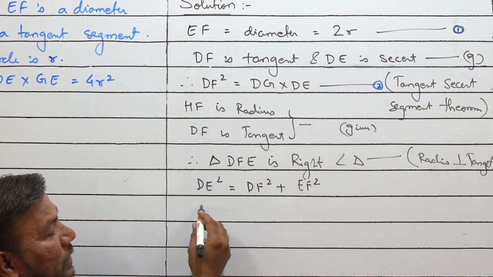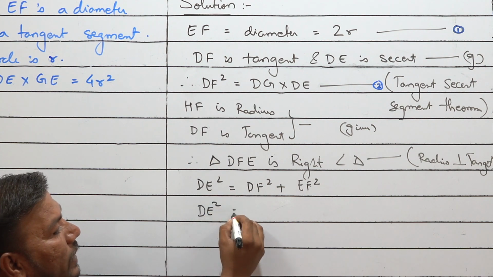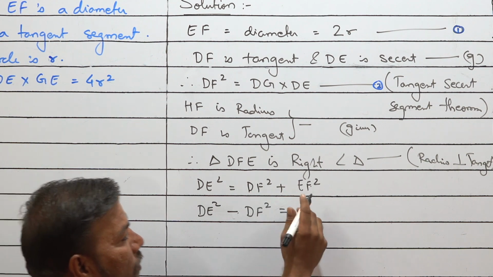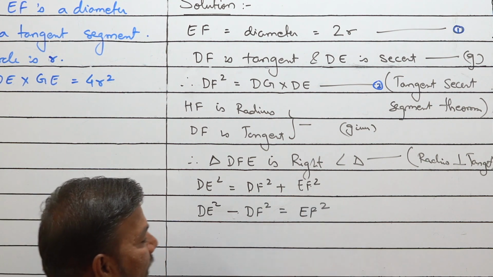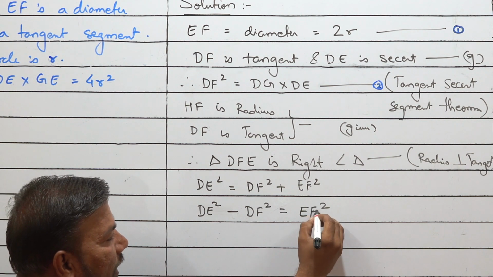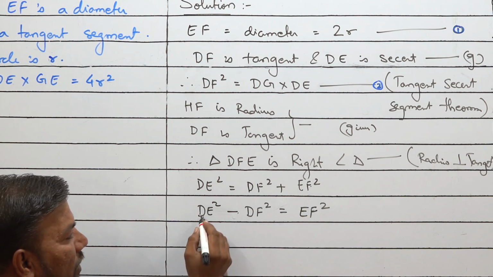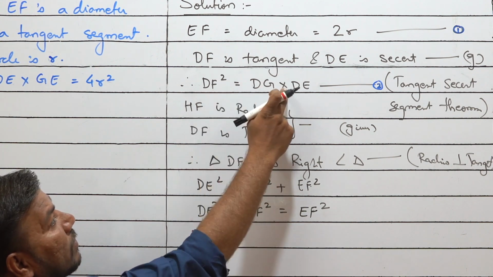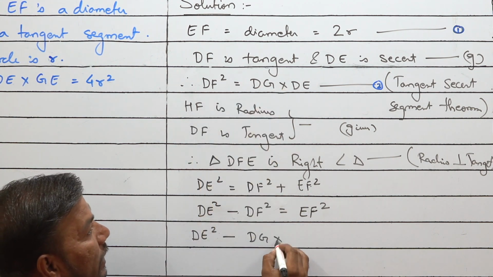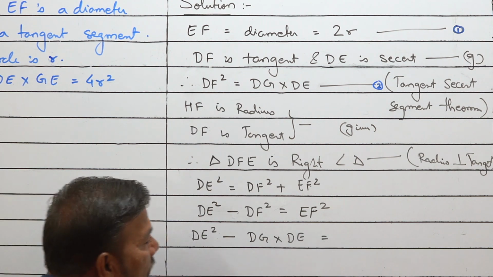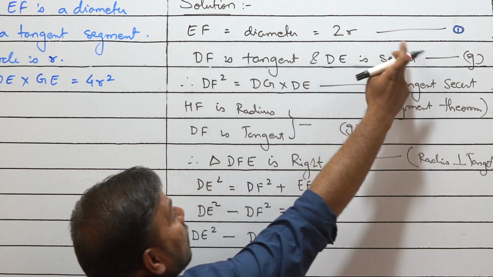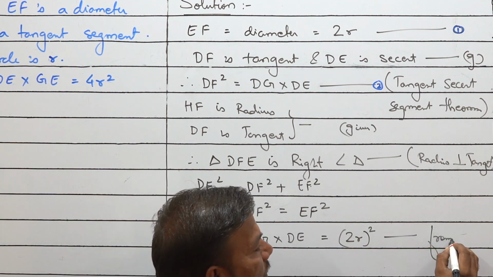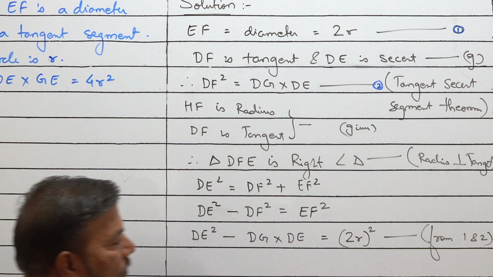The next step is DE square minus DF square, since DF goes to the other side, it becomes minus, is equal to EF square. Yes, it is EF square. Now DE square will remain as it is, minus what is DF square? That is DG into DE is equal to, what is EF? 2R the whole square. This is from 1 and 2.